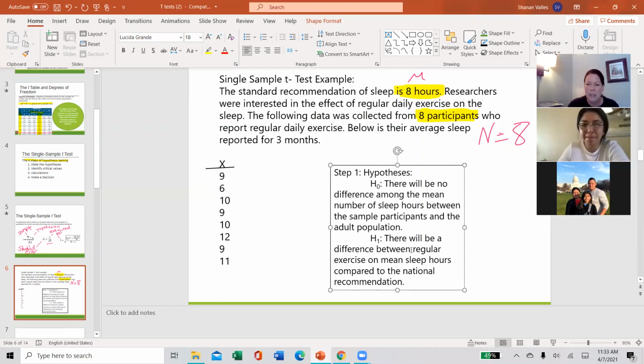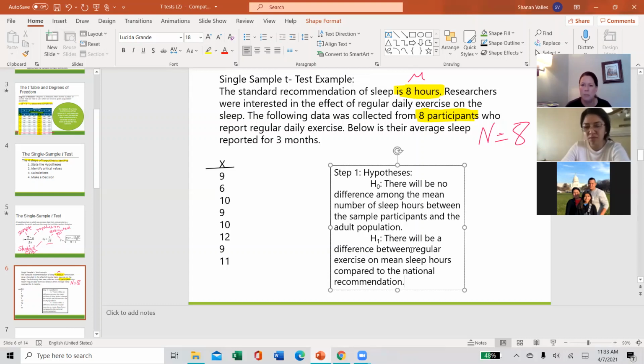Maybe even between isn't good. Once you go back, you could look at it and say, maybe between doesn't really make sense, but there will be a difference among regular exercise. Yeah, that doesn't make sense. On mean sleep hours compared to the national recommendation. You could even say something like, there will be a difference in mean sleep between the participants and 8 hours.